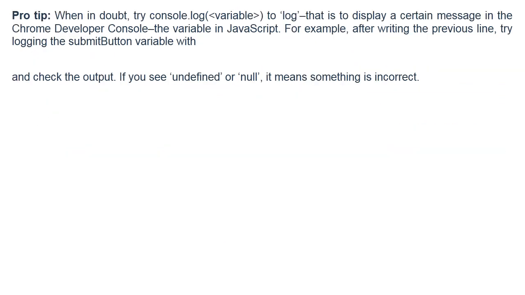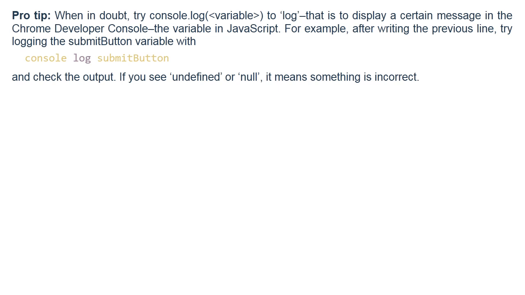Pro tip: when in doubt, try console.log of the variable. To log is to display a certain message in the Chrome developer console. For example, after writing the previous line, try logging the submitButton variable with console.log(submitButton), and check the output.